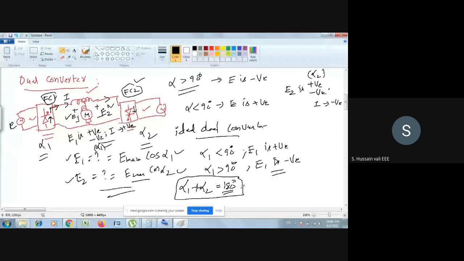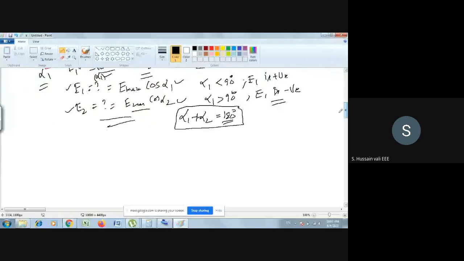Now, the other thing we will do here is, to avoid unwanted current flow, in between these two you will have diodes. I'm sure you wonder why you have a diode here.